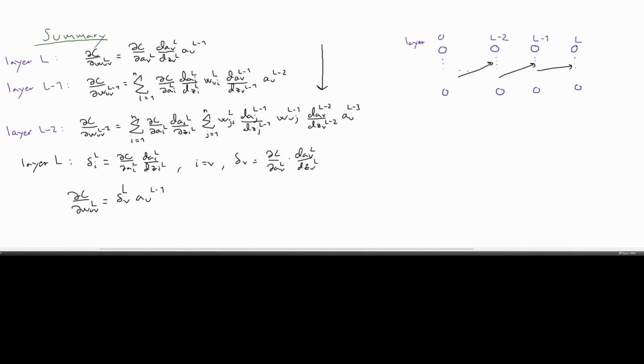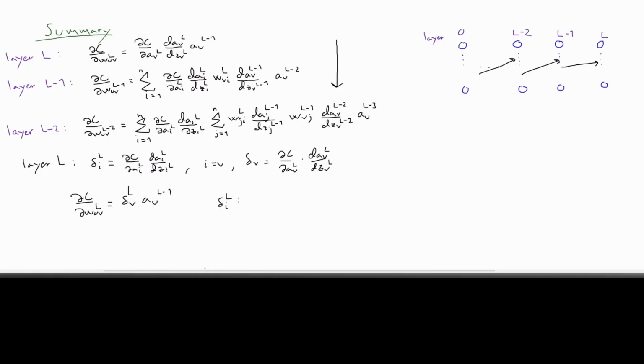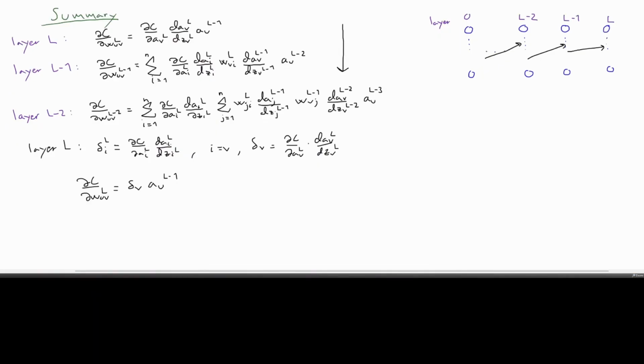So this means if we compute delta I for every neuron going from 1 to n, then we have the means to calculate every single weight derivative going from some arbitrary neuron U in the L minus 1 layer to neuron V in the output layer using the delta term.